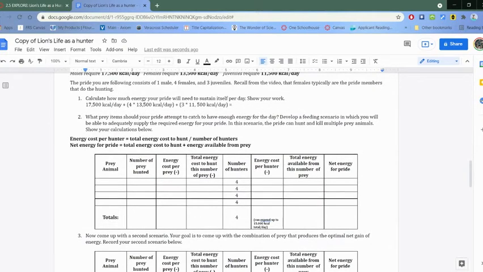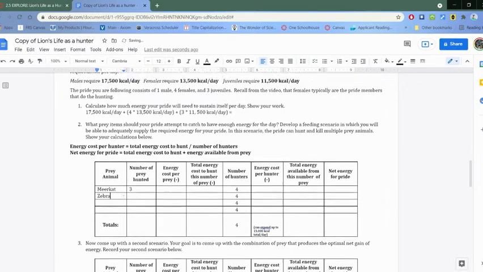I can do any combination of those different prey animals. So maybe I decide I want to try meerkat. Let's say we hunt 3 meerkats. And how about zebras?